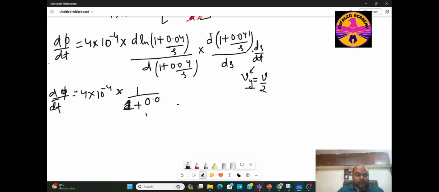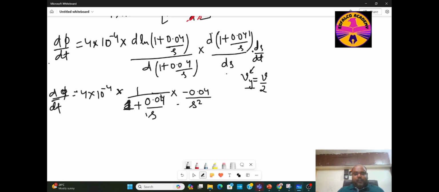So here it will become 1 plus 0.04 by s, right? Into, now if I differentiate this, it is going to become minus 0.04 by s square, right? Because the differentiation of 1 will become 0, and 0.04 is constant, so it is basically d of 1 by s by ds.